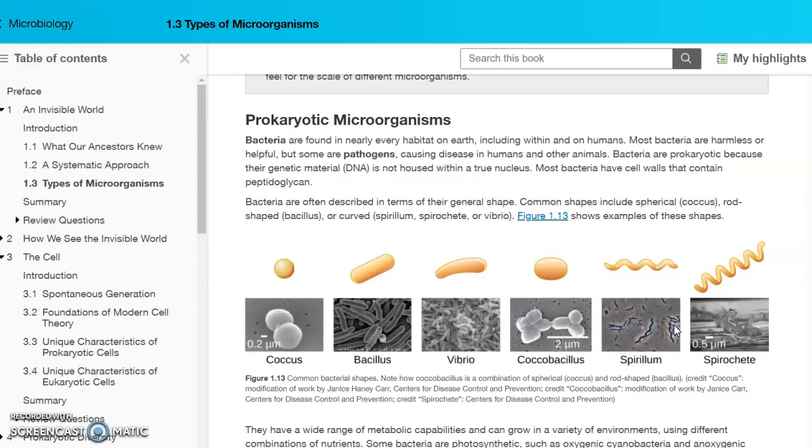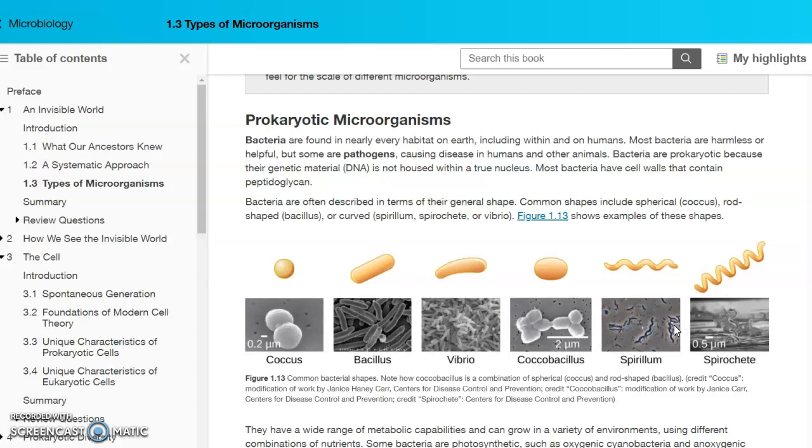Most bacteria are harmless. The ones we're concerned with are the pathogens, those that cause disease in humans or plants or other animals. Those are the ones we tend to study the most because they can make us sick. But keep in mind that the vast majority of microorganisms are harmless and in fact can be beneficial to us.